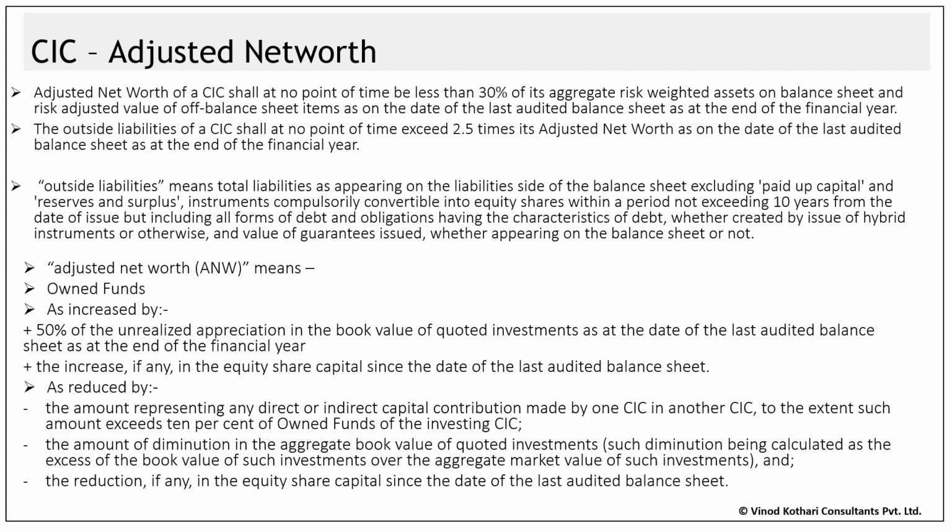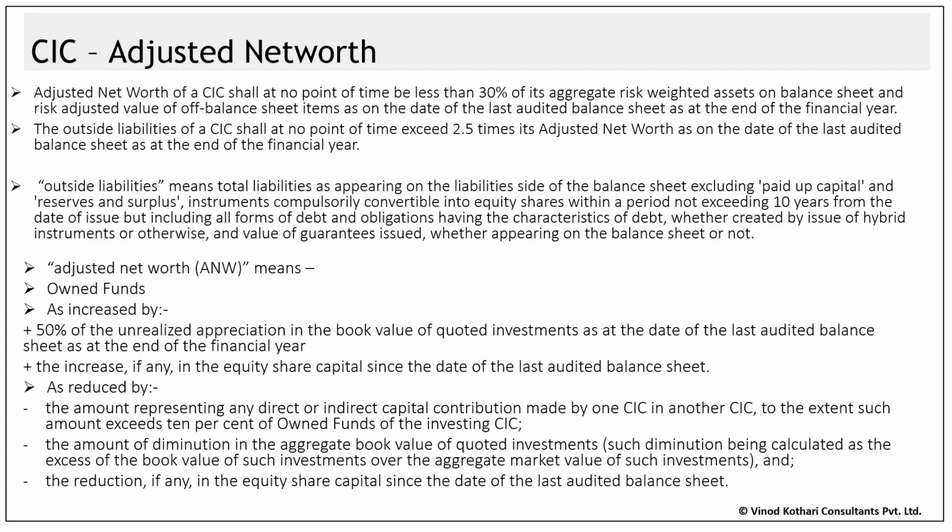But additionally, CICs also have to comply with a regulation where it says that outside liabilities of CIC cannot exceed 2.5 times the adjusted net worth. Here you need to understand two things. We have restricted CICs on two sides. One analysis is based on the riskiness of the asset.